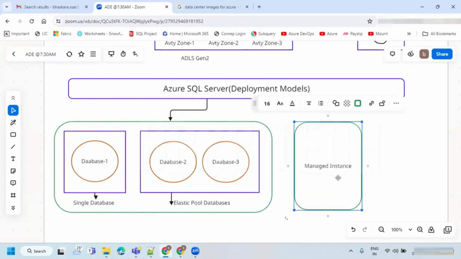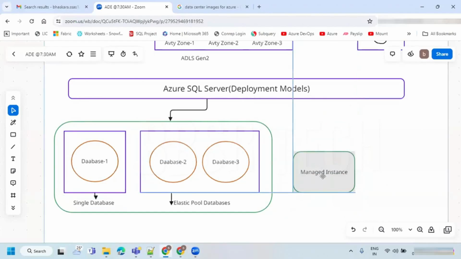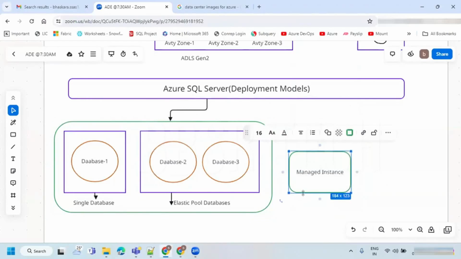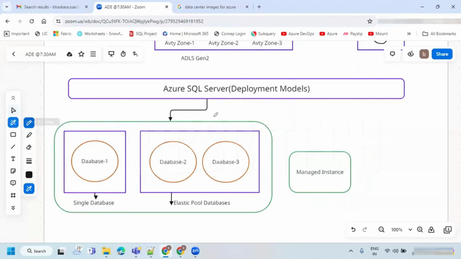In which region and in which situation we are going to use the managed instance, that we are going to say. So these 2 services, this box and this box, are PaaS services, platform as a service. These 2 green boxes are platform as a service. So we can have this as well. Managed instance is one type of the deployment model.